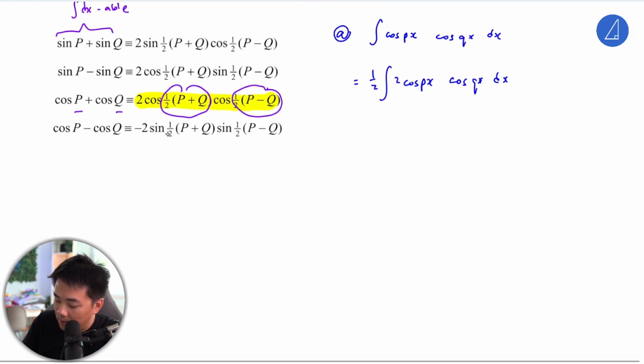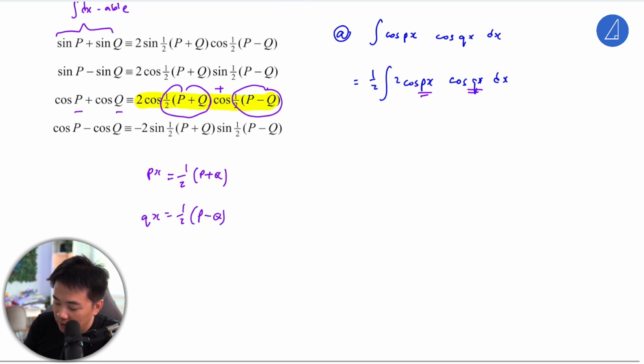Take note, px is your half of p plus q, and qx is half of p minus q.